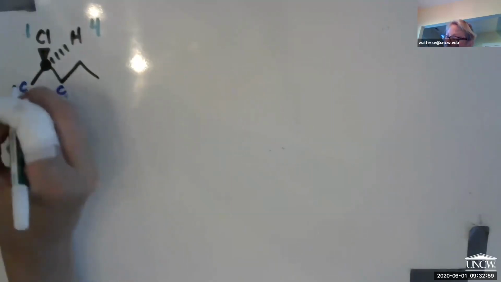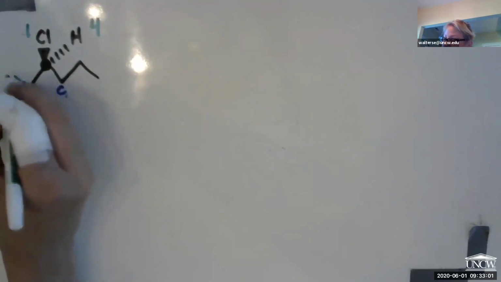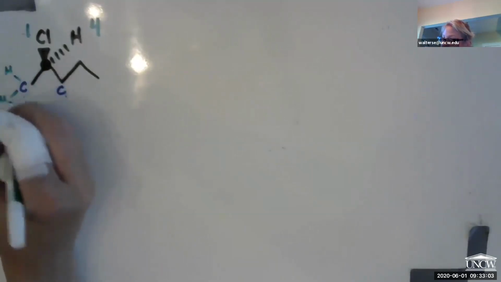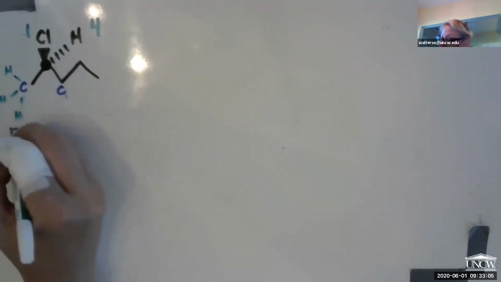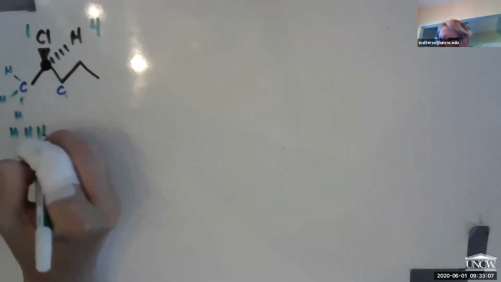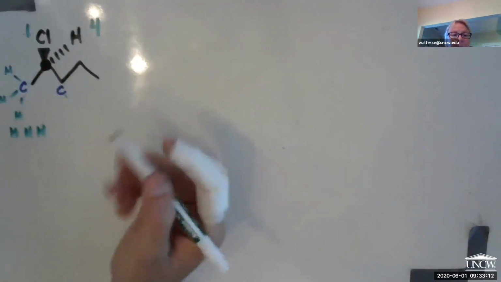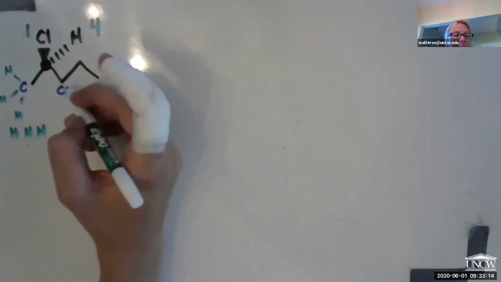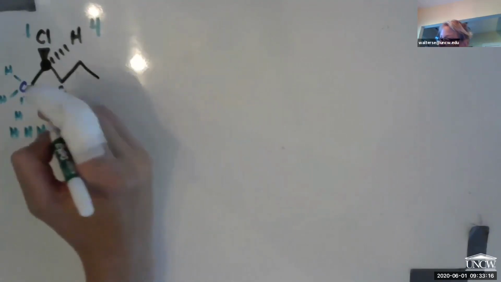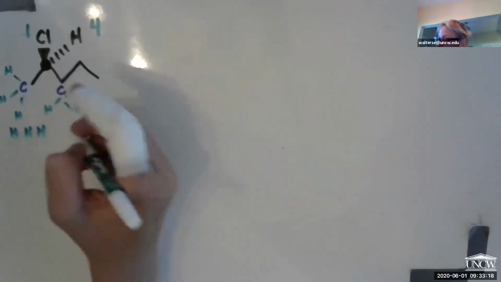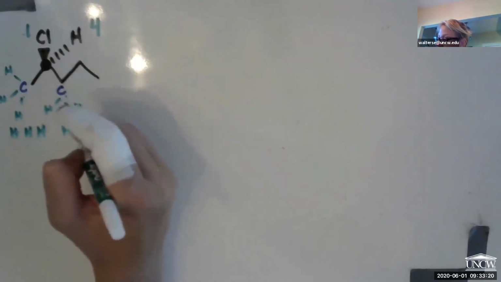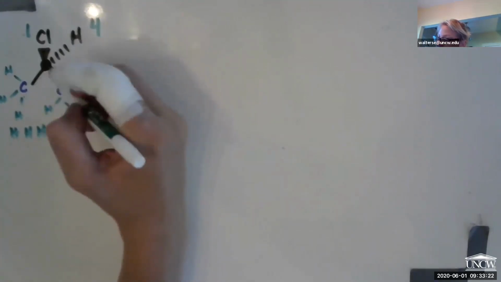This carbon over here is a methyl carbon, so it's bonded to hydrogen, hydrogen, hydrogen. This carbon in the propyl chain is bonded to 2 hydrogens and this carbon.